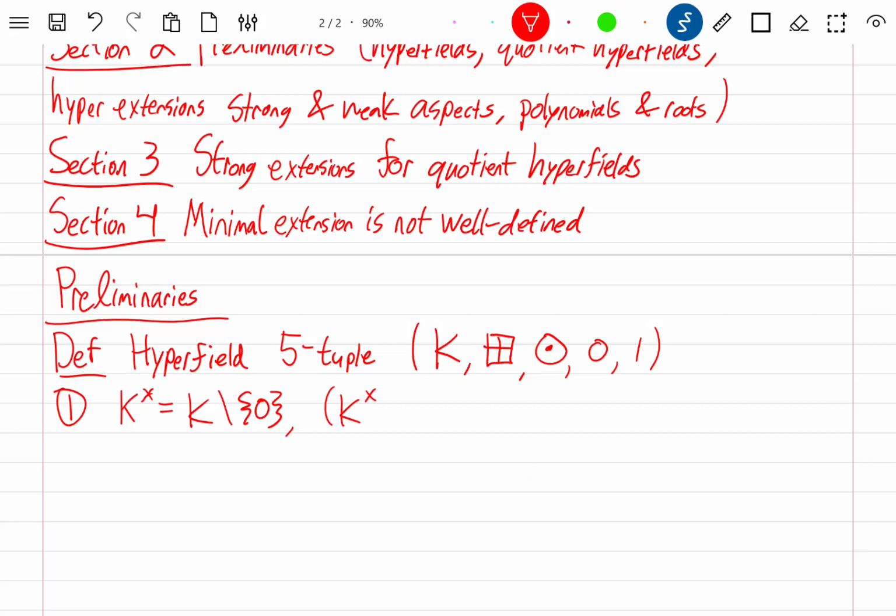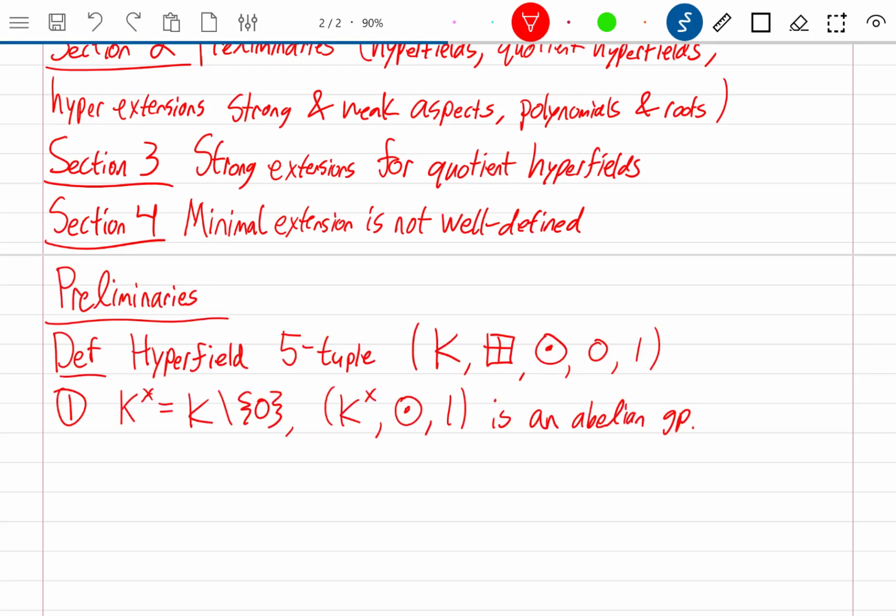If I consider our non-zero elements under multiplication and with 1, this is an abelian group. All this is saying is when I consider my non-zero elements under multiplication, it's commutative, and it satisfies all your group axioms that you want multiplication to satisfy, and 1 is the identity element.